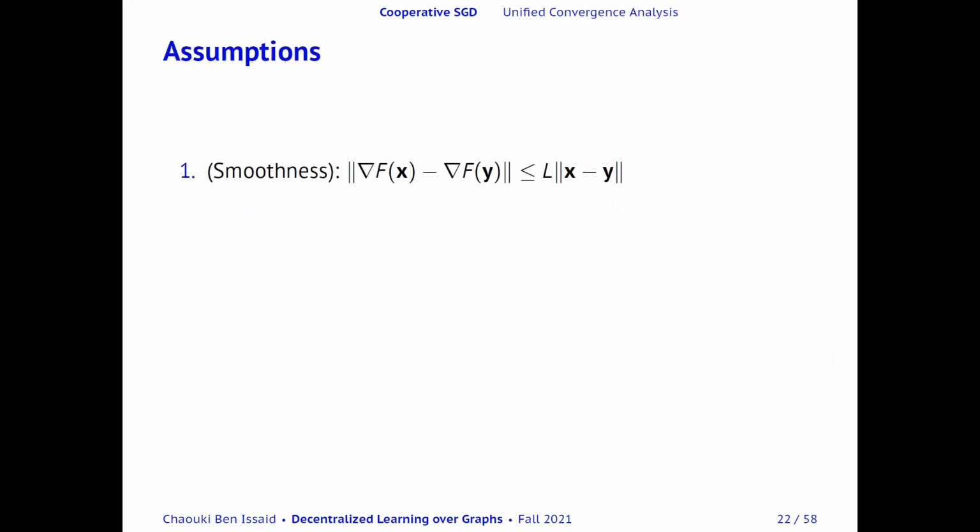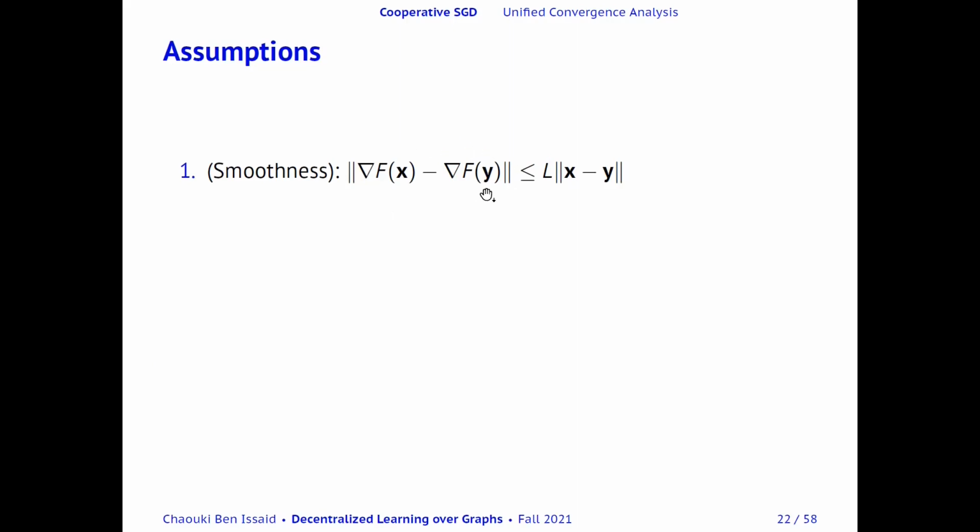Before stating the convergence guarantees of cooperative SGD, let's start by summarizing the main assumptions. The first assumption is that we assume capital F to be smooth.